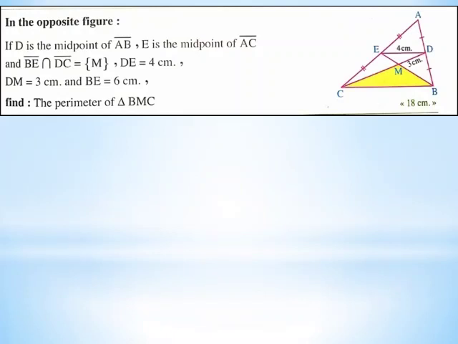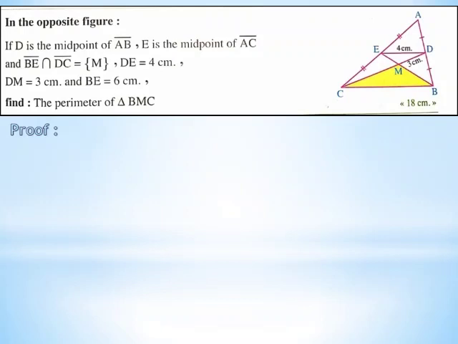In the same way, E is a midpoint of AC, which means AE equals EC. There are two lines that intersect: BE and CD intersect at the point M. The length of ED equals 4, the length of DM equals 3, and the whole of BE equals 6. Let's make the proof step by step together.